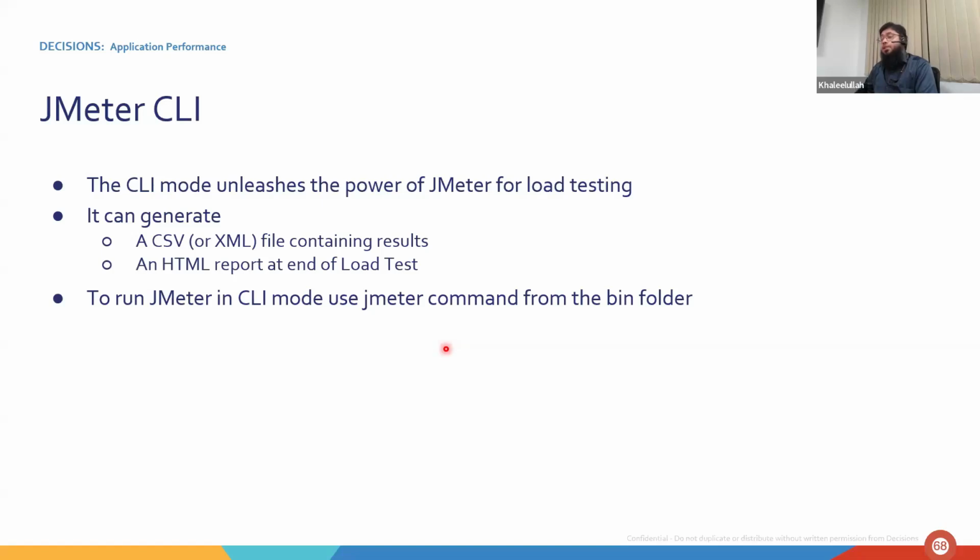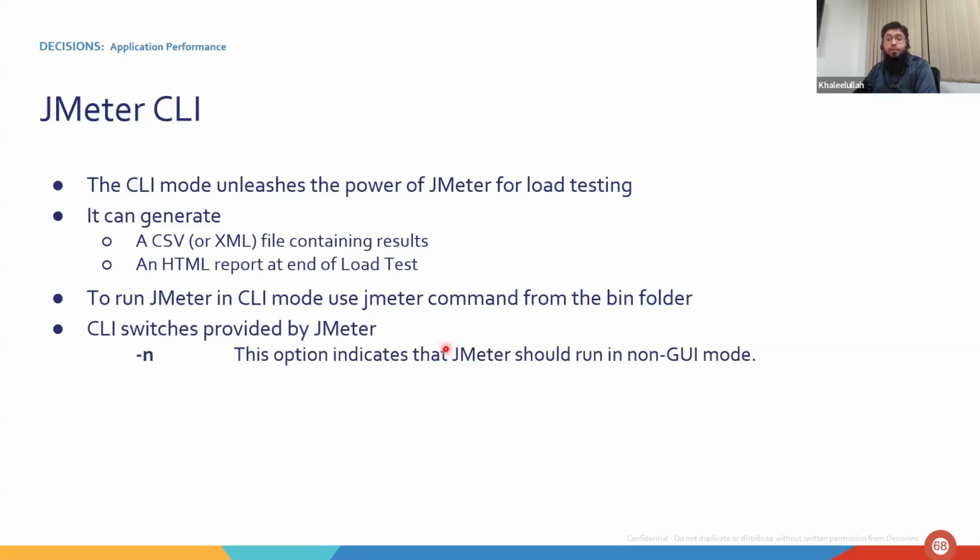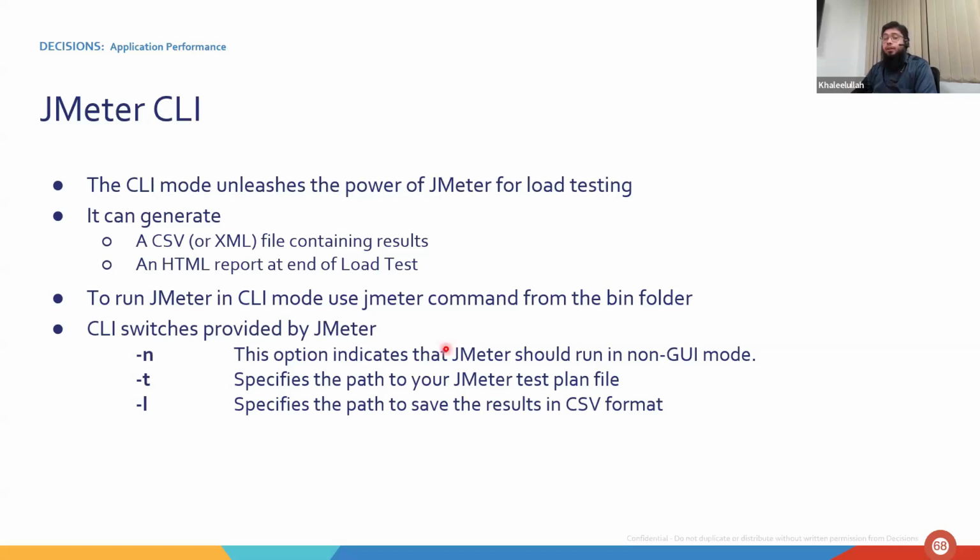Now, in order to run JMeter from CLI, we have a bunch of command line switches that we can use. First one is -n. This indicates JMeter to run in non-GUI mode. Then we have -t, which we use for specifying the test script, the test plan that we want to run. -l is for the location of the CSV file.